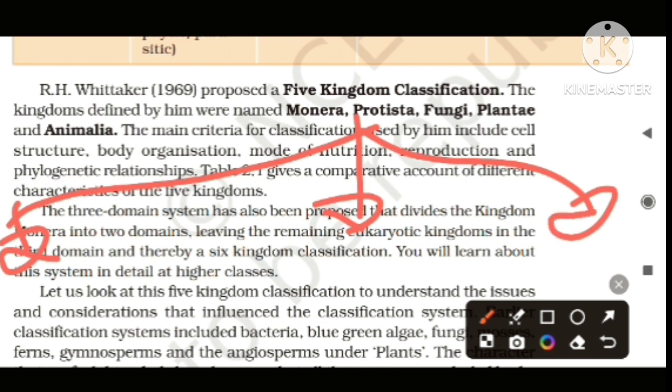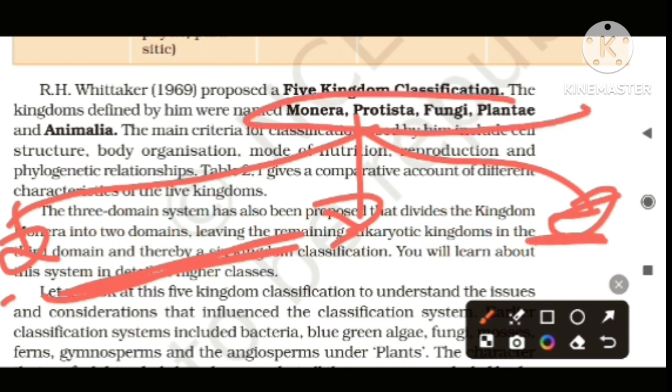The eukaryotic kingdoms were five kingdoms, but we have the three domains of classification, including two domains of Monera, and the third domain is these four. Monerans are of two types.